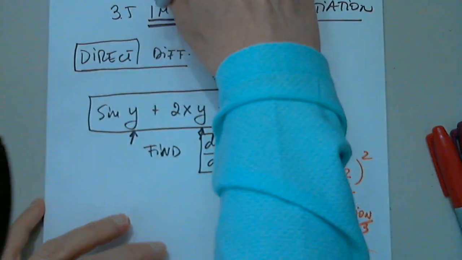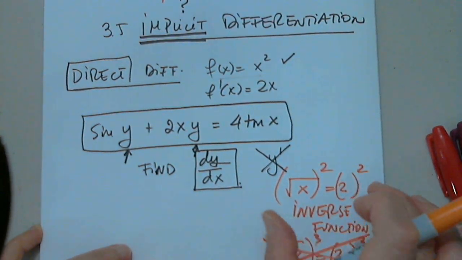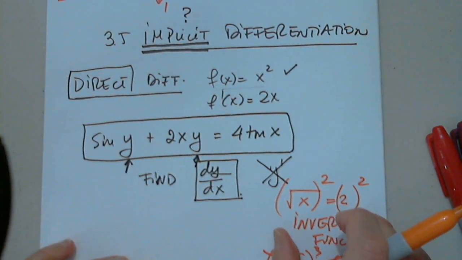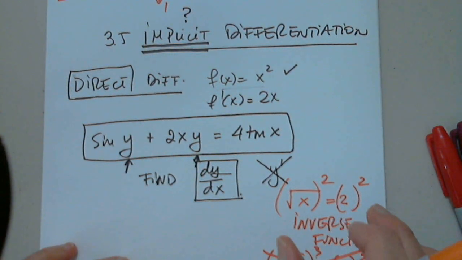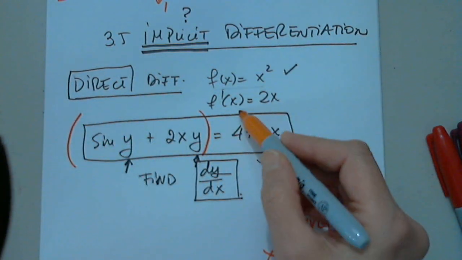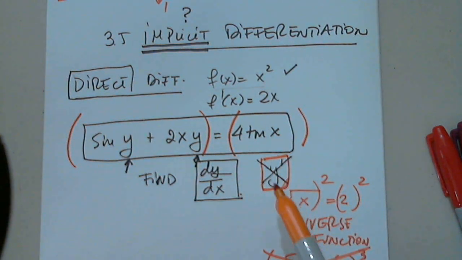So we applied an operator to both sides. That's the concept here that I wanted to review with you. If I need to apply an operator, I have to apply it to both sides. What do you think is the operator that we have to apply to both sides to find this, basically dy over dx? Which operator?